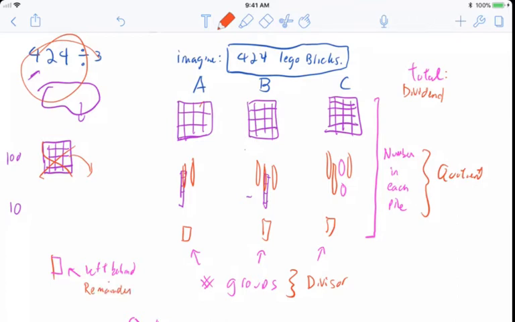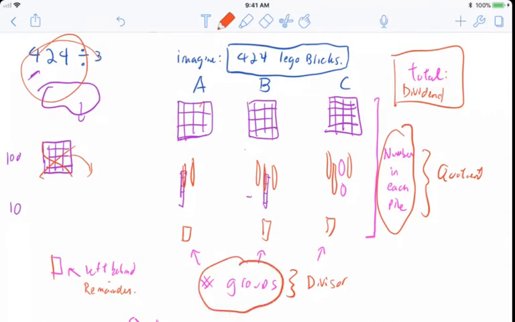Okay? And I'm only spelling this out because we can then ask the question, how many blocks do you have in total? Well, the number of blocks you have in total is the number in each pile times the number of piles plus the number left behind, right?